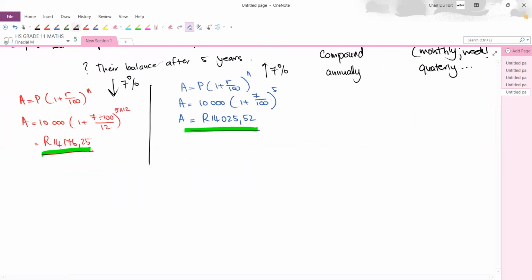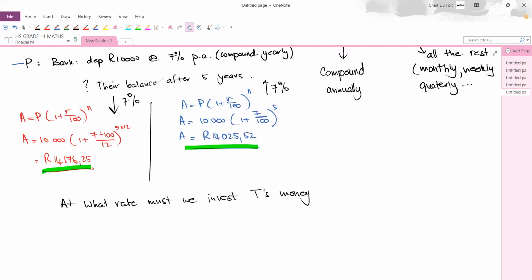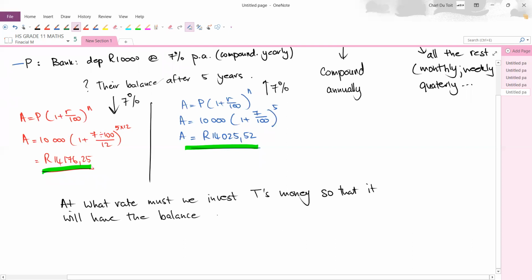So they can ask you the following. At what rate must we invest Tatu's money so that it will have the same balance as Peter's?